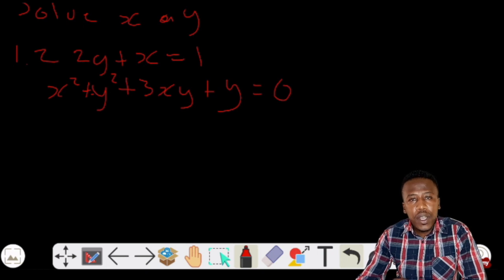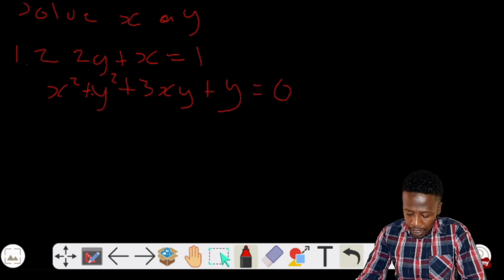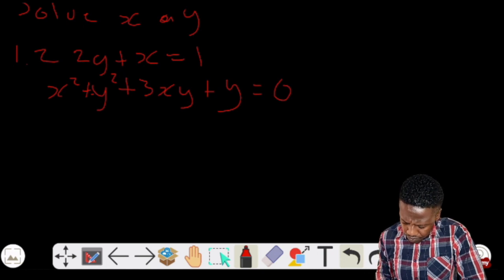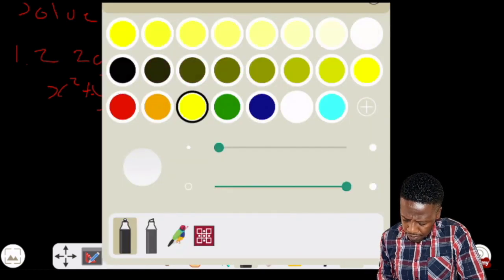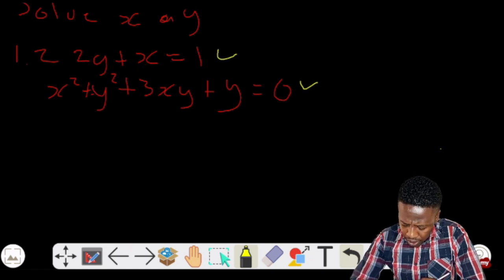determine which equation or which expression is much simpler to deal with when you make one of your variables the subject of the formula, right? Now in this case, looking at these two equations and you try to determine which one is simpler, right?